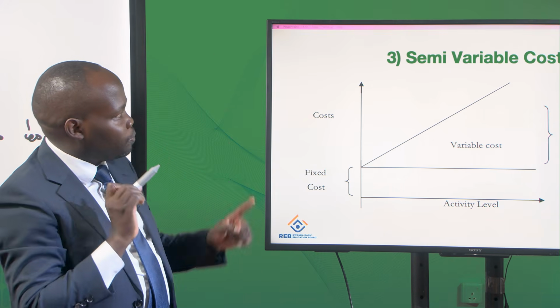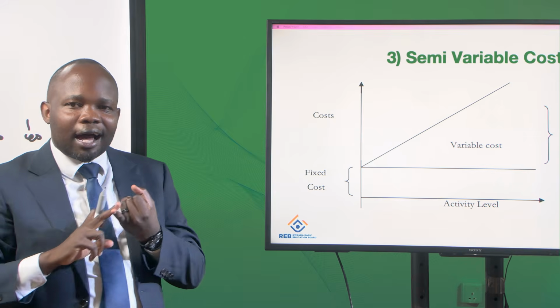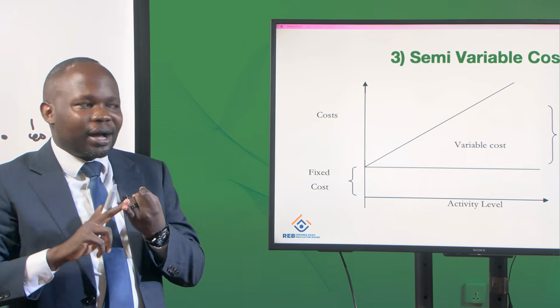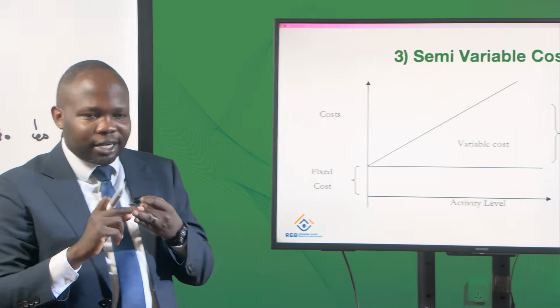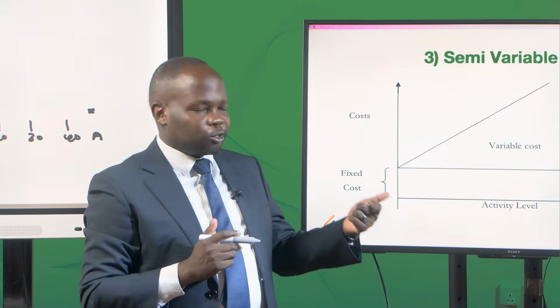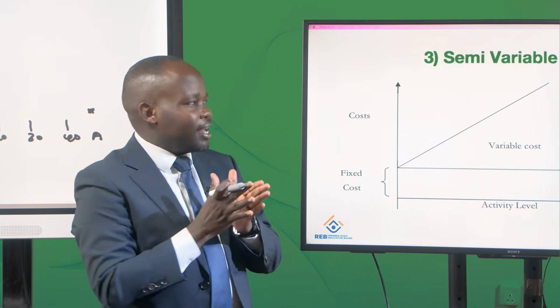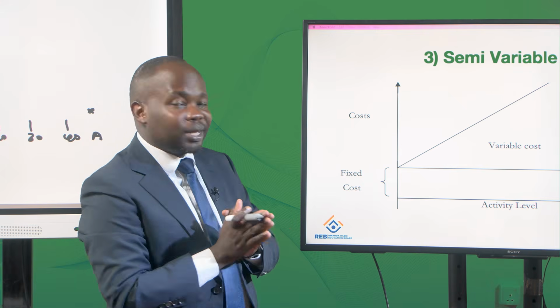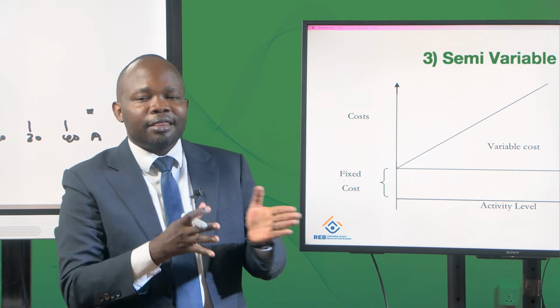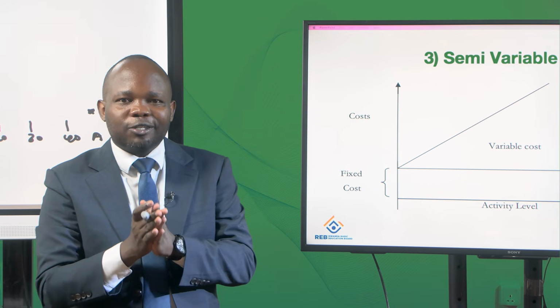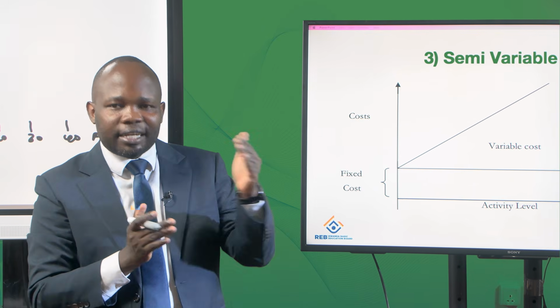I'm again repeating, semi-variable cost is a cost that is partly fixed and partly variable. For example, a salesperson's salary. When we engage the services of a salesperson to make sales for us, he may be given a retainer. The retainer the salesperson gets per month is fixed.